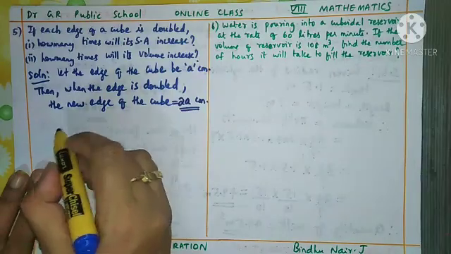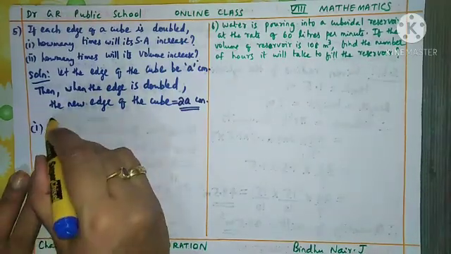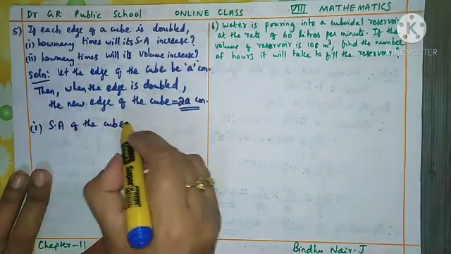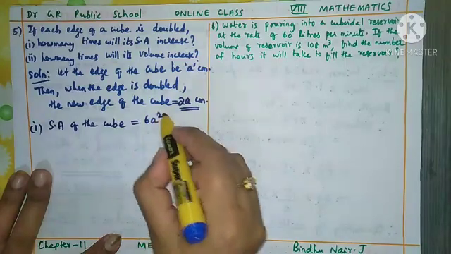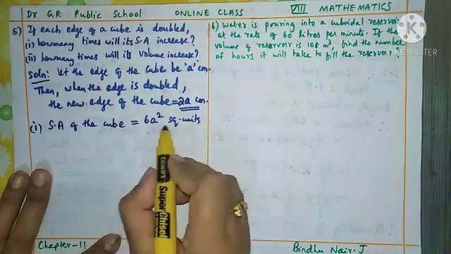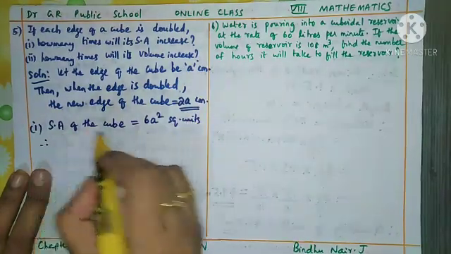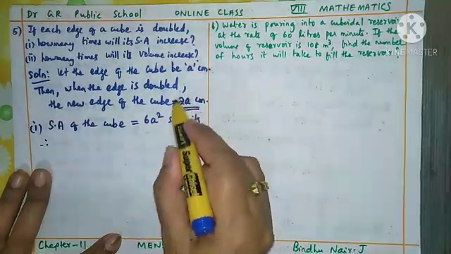Now use this new edge to find the surface area. So first subdivision answer I am going to write. We know surface area of the cube is equal to, as you studied before, 6A square units. Therefore, instead of A, we are going to use 2A.